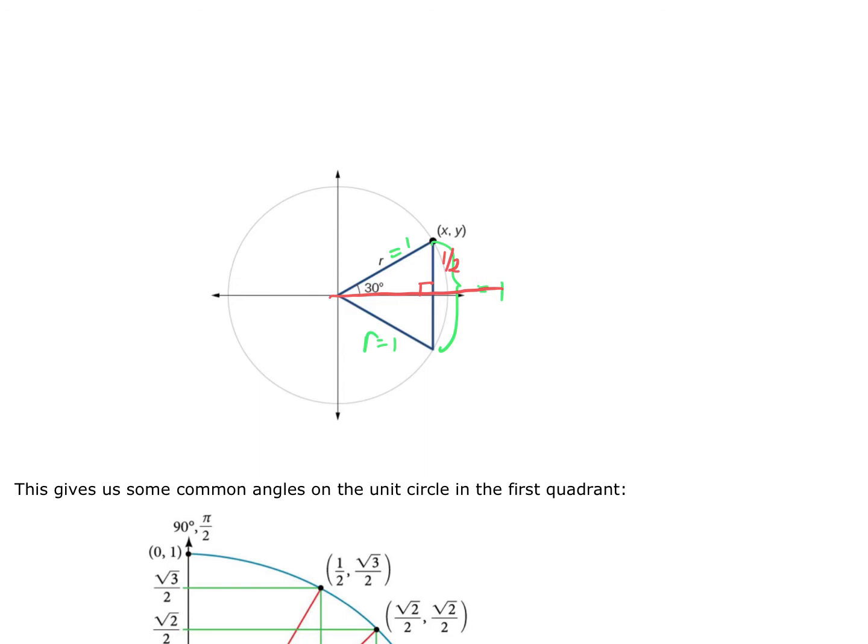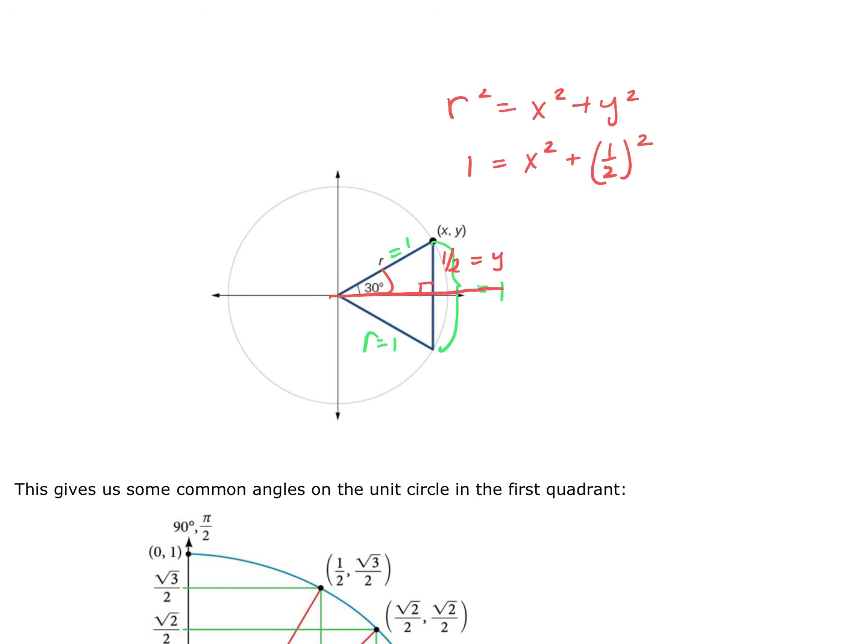If that side is worth 1/2, that tells me that I have my y value. And this angle, instead of being 30, is now 60. So I have, again, r squared is equal to x squared plus y squared. R squared happens to be 1 squared, which is just 1. And then I have x squared, and then I have 1/2, because that's my y value, the quantity squared.